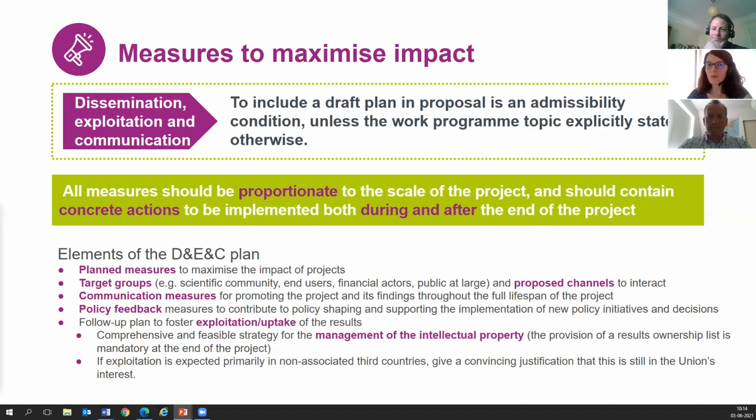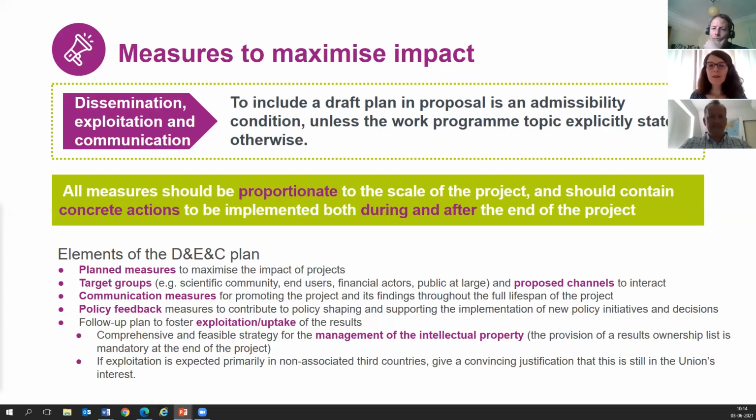So here it's something we already said many times today in this presentation. What is really important is for you to have measures proportionate to your project and concrete, really addressing what you will do with your project results to disseminate, exploit, and communicate them concretely. We don't want wide measures that are barely related to your activities. It needs to be targeted.